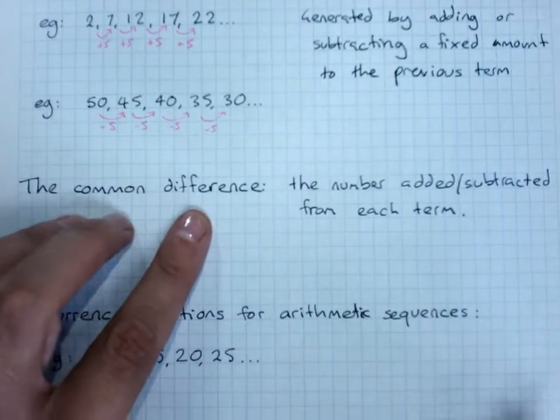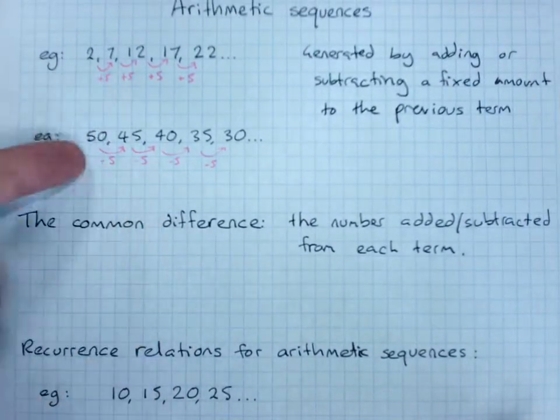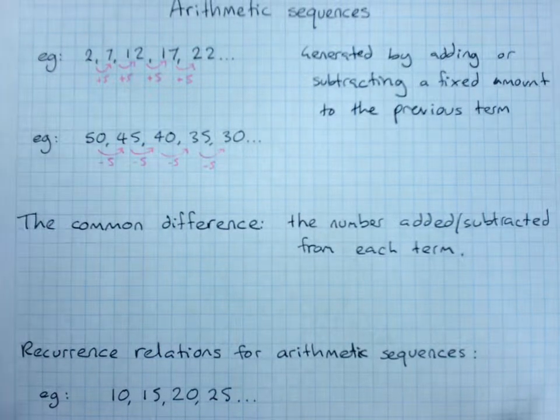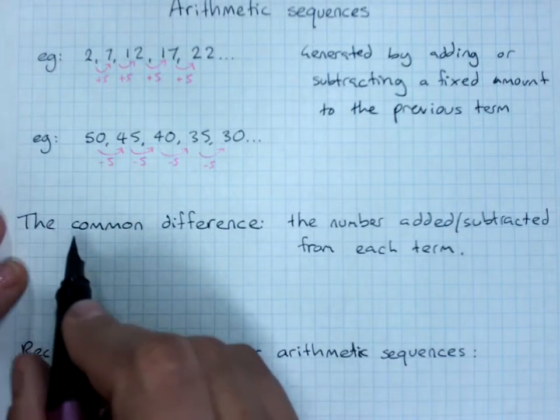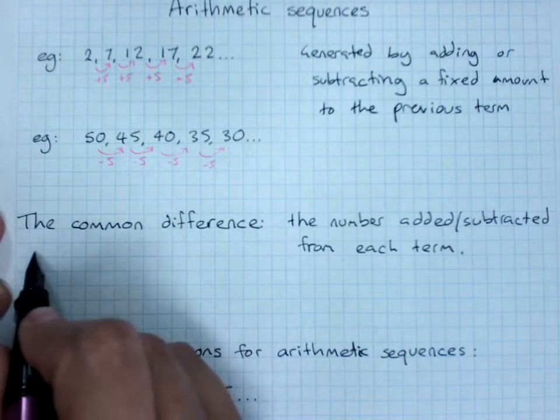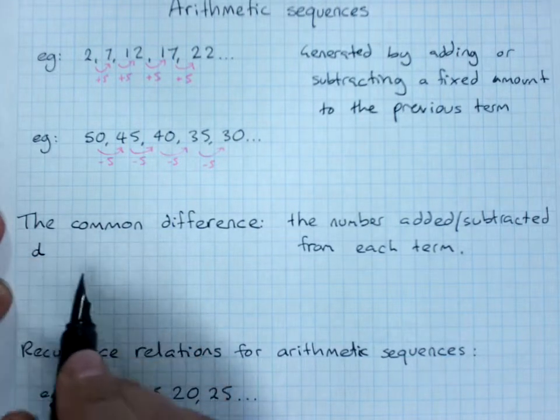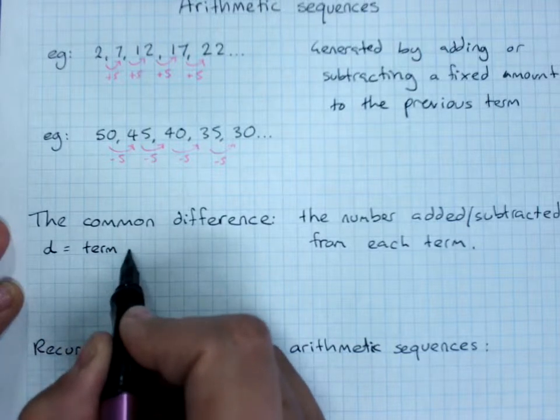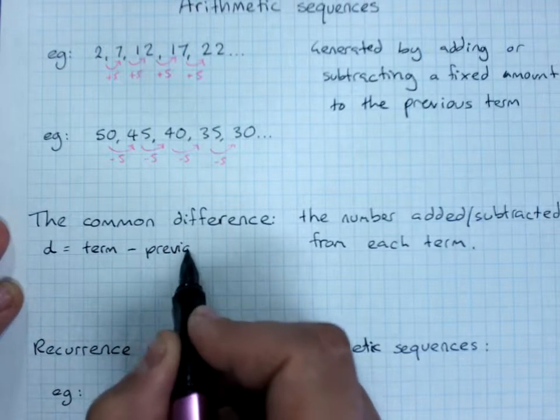To calculate the common difference, a lot of the time you can just look at it and go, it's 5, it's minus 5. But the common difference is given as D, and it's a term minus the previous term.